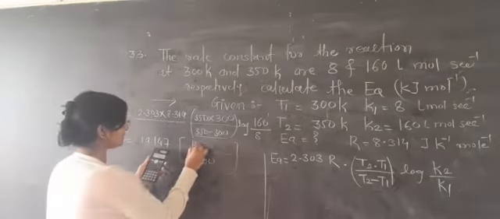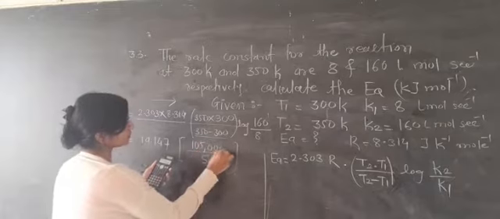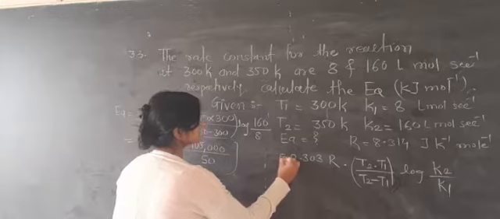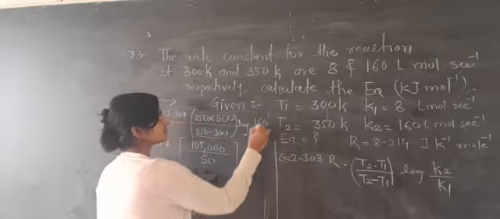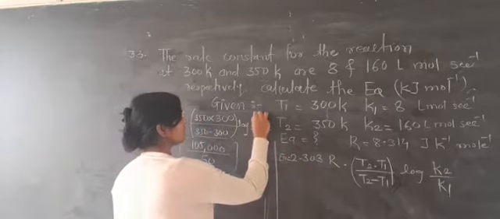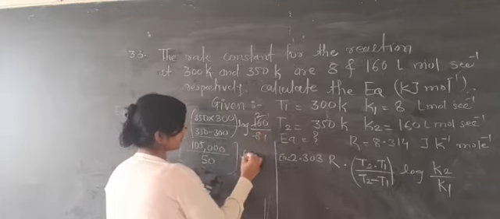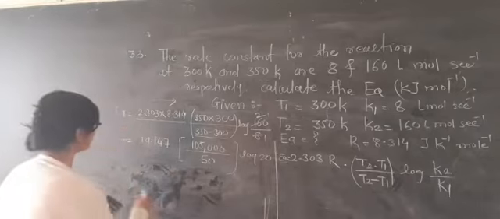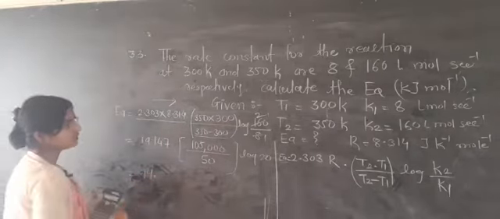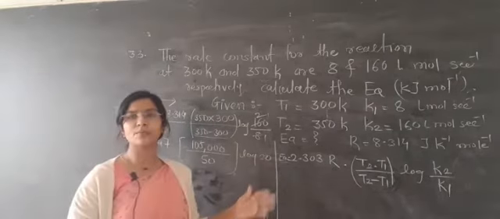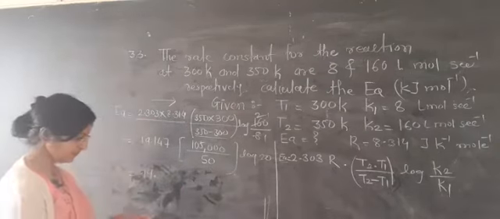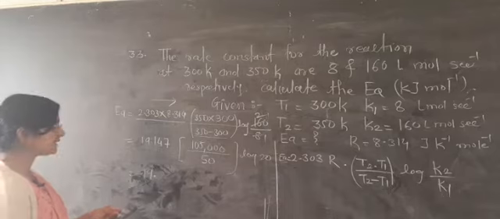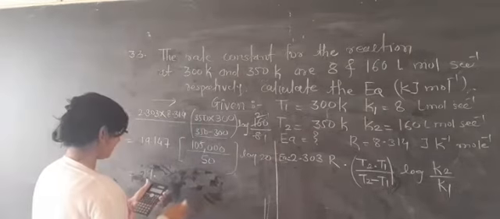Now, 160 divided by 8: 8 ones are 8, 8 twos are 16, so it is log of 20. There is no need of a calculator here, because you know that log of 2 is 0.3010, and here it is 20, therefore we get 1.3010.